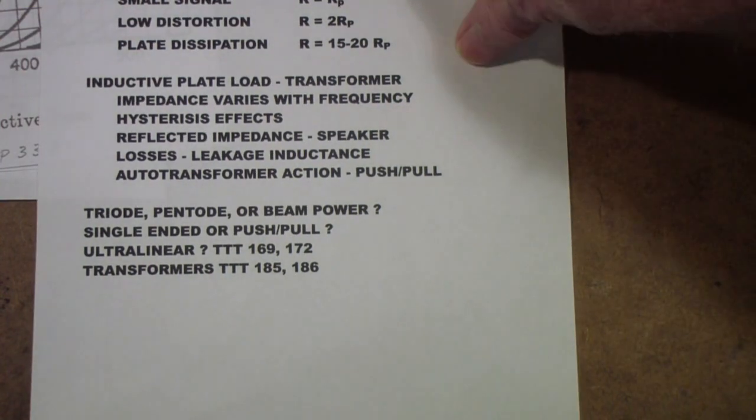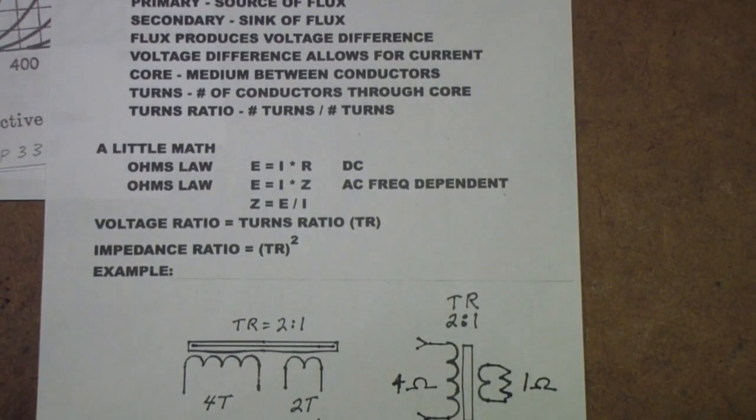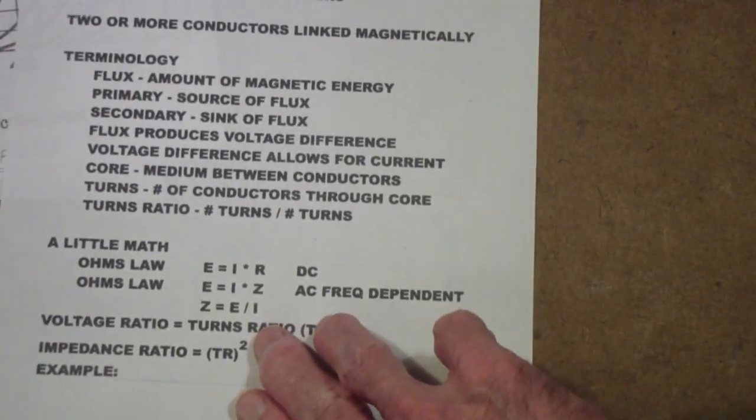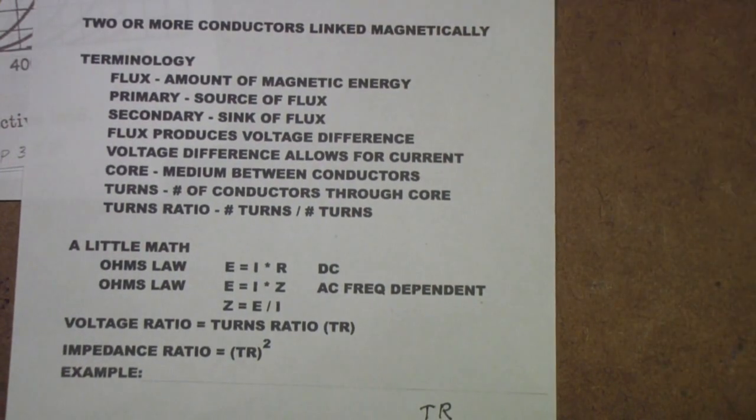But for right now, I'm just going to do a quick review of what we learned. I'm finishing up with, remember that a transformer is just a way of magnetically linking two circuits.